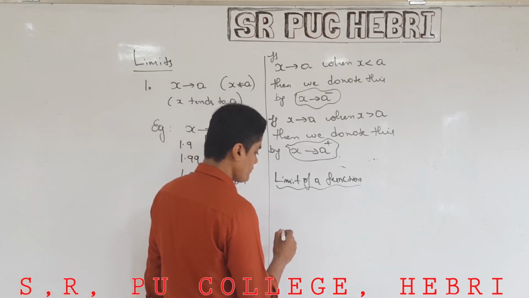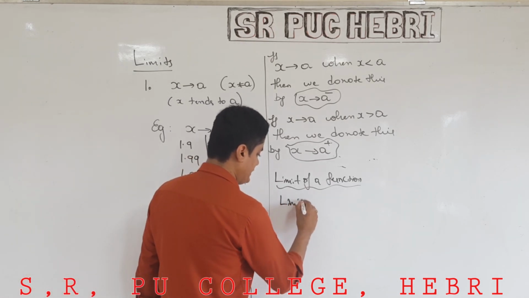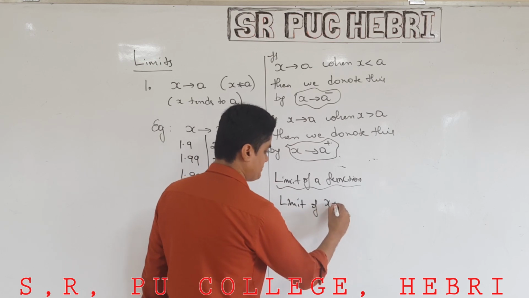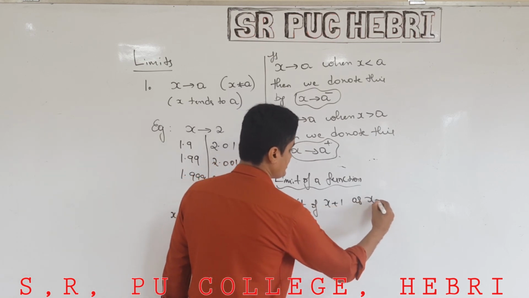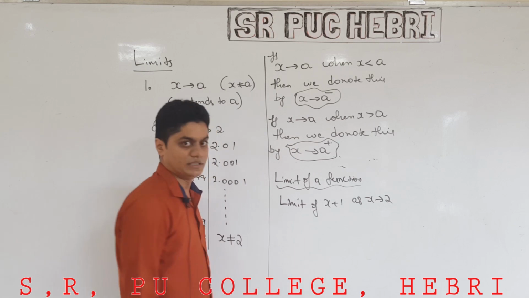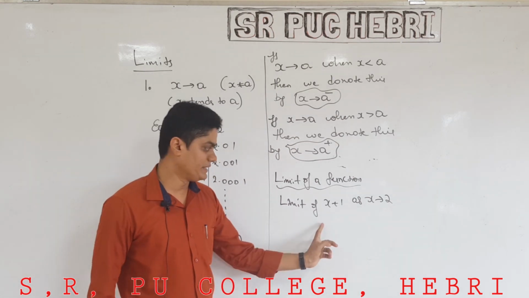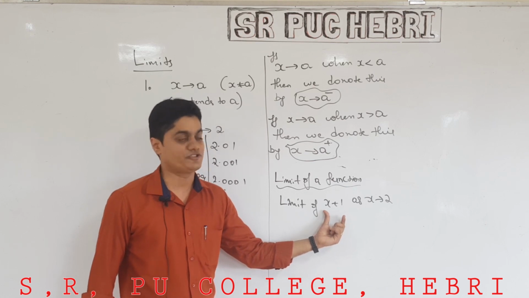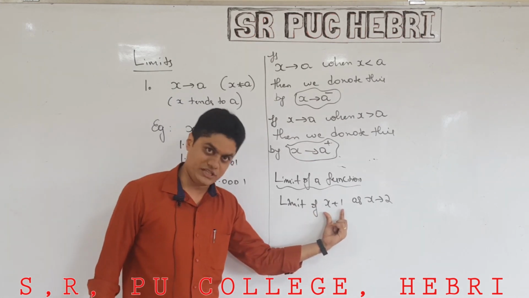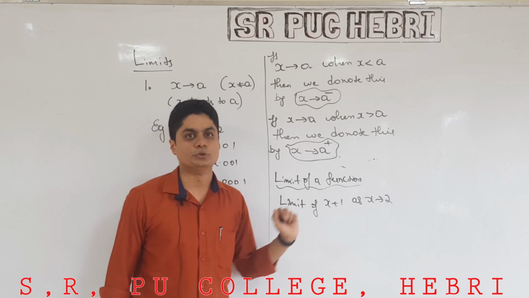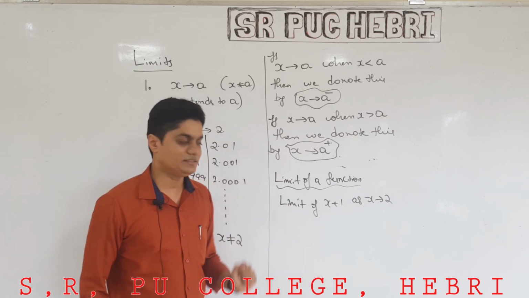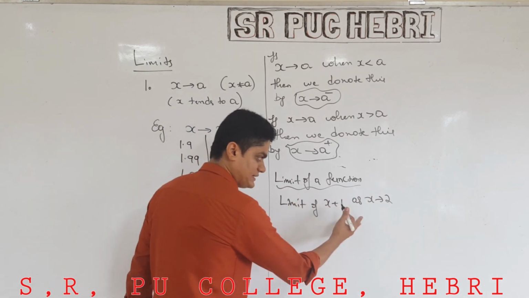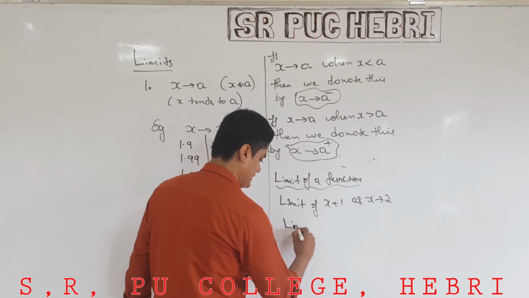Now, suppose I write the limit of x plus 1 as x tends to 2. This x plus 1 is a linear polynomial, also called a linear function. Then how do we write this? The symbol for representing this sentence is L-I-M.